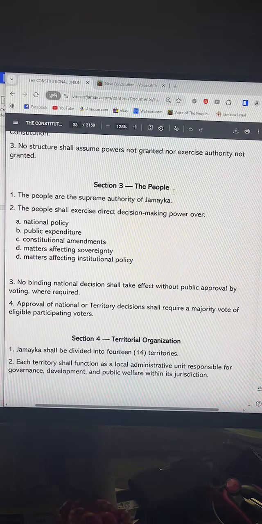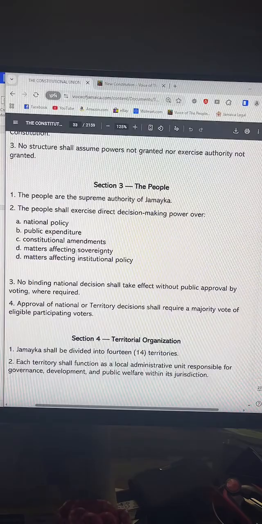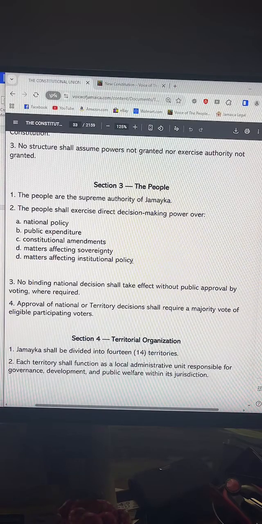Section 3, the people. The people are the supreme authority of Jamaica. The people shall exercise direct decision-making power over national policy, public expenditure, constitutional amendments, matters affecting sovereignty, and matters affecting institutional policy.